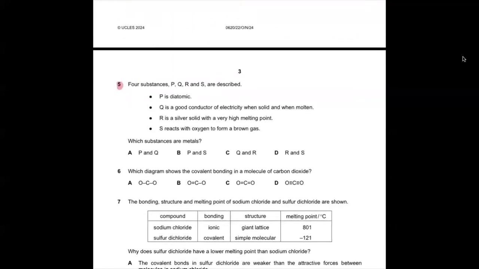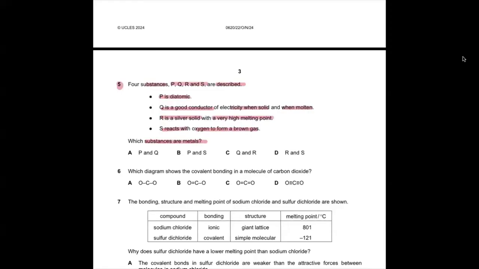Now, MCQ number 5. Four substances P, Q, R, and S are described. P is diatomic. Q is a good conductor of electricity when solid and when molten, so it's a metal. R is a silver solid with a very high melting point. S reacts with oxygen to form a brown gas.